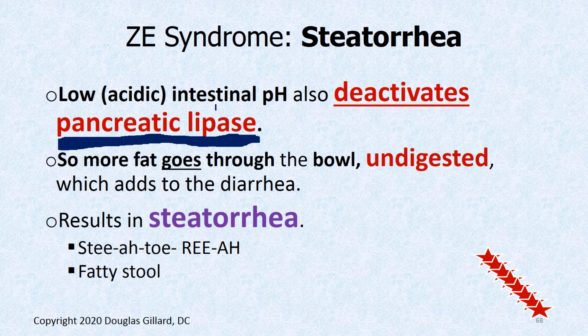But pancreatic lipase can't take that acid and it's destroyed. And so you get tons of fat in your loose stool, and that gives us something called steatorrhea. Pancreatic disease can also cause steatorrhea. Anything that messes with or doesn't produce pancreatic lipase, you get very fatty stool.